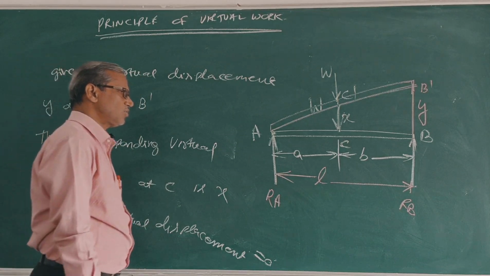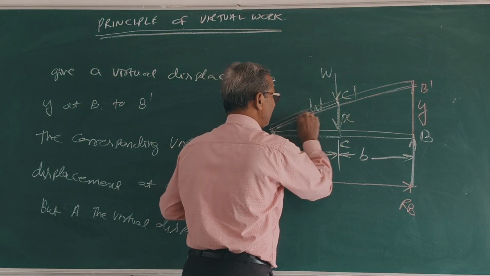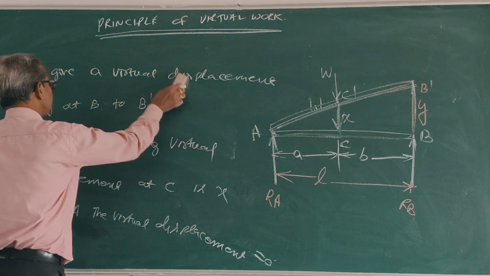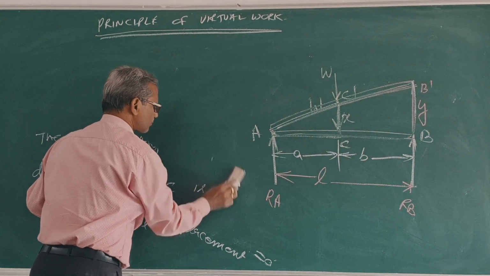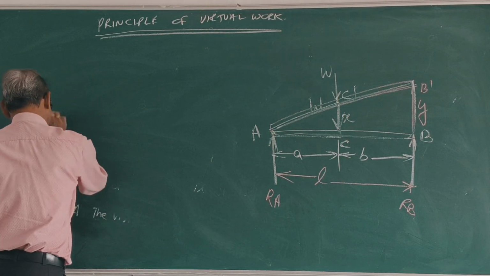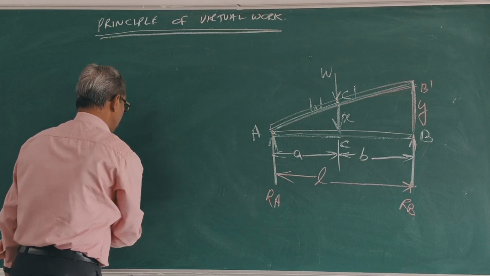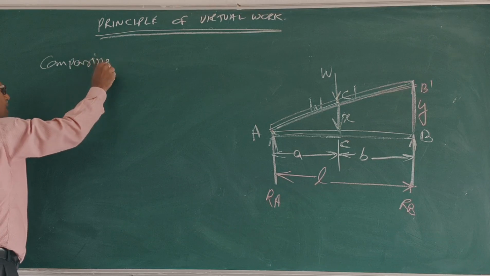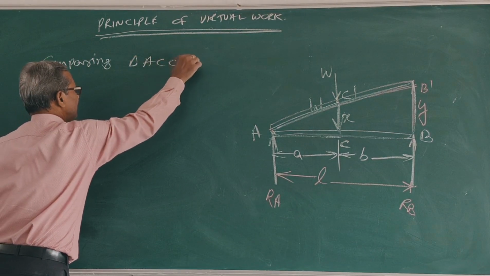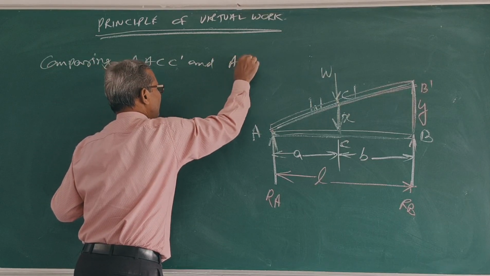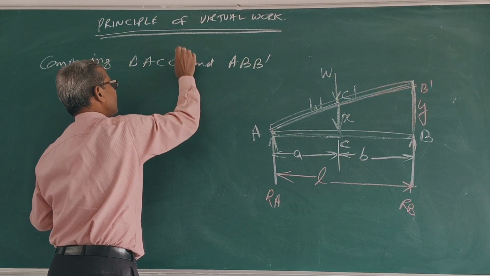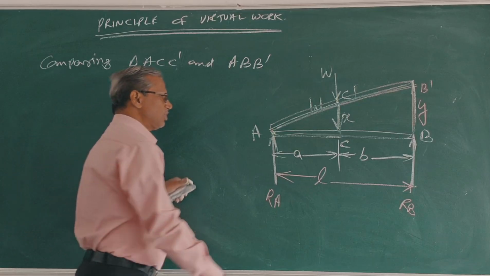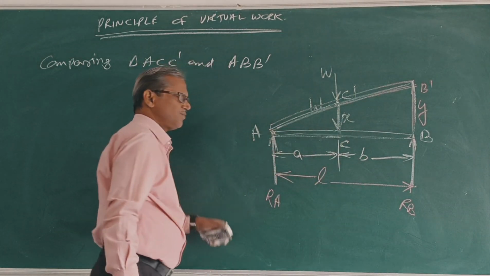Now comparing the triangles ACC dash and ABB dash, this ratio is equal to Y by L. Clear?